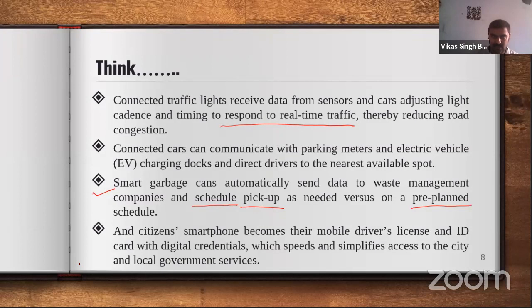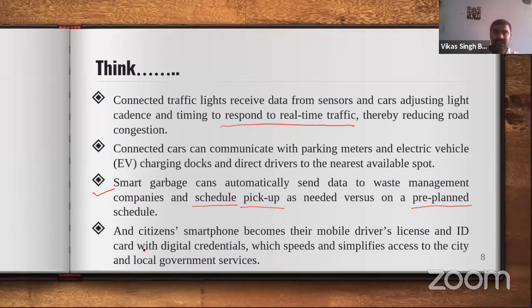One more example is the citizen's smartphone. The smartphone may be the driver's license. The administrative officers or the administration of a city can track at which location that person is moving, whether he has jumped the red light or whether that person is driving over speed.